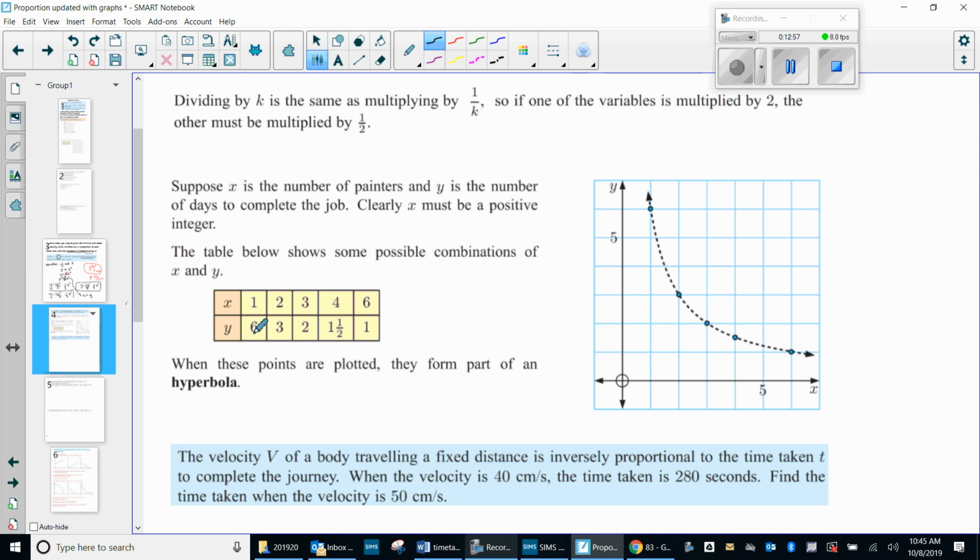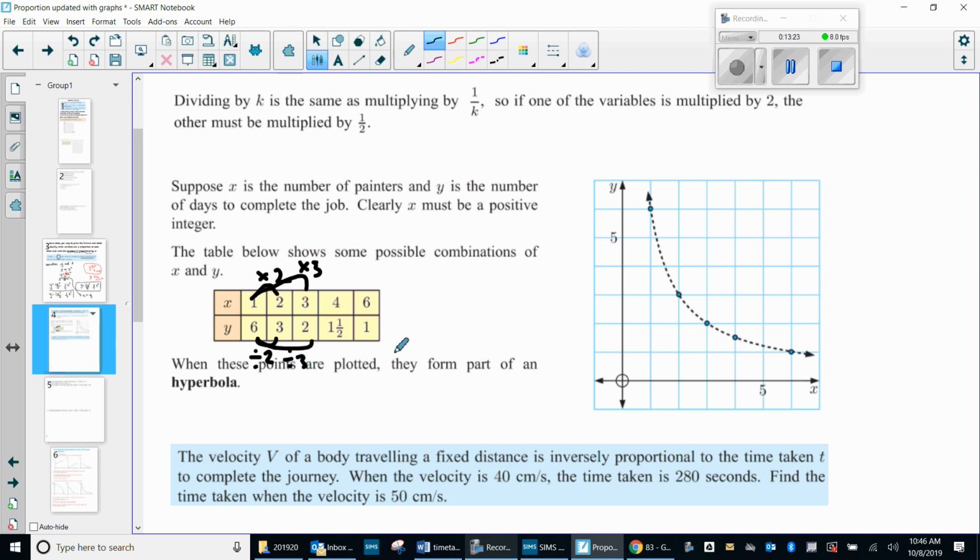So that meant you would have to divide this number by 2. Do you see that? Here from 1 to 2, we've multiplied by 2. And so that means from 6 to 3, we divide by 2. How did you get from 1 to 3? You multiply by 3. So from this, you would divide by 3.